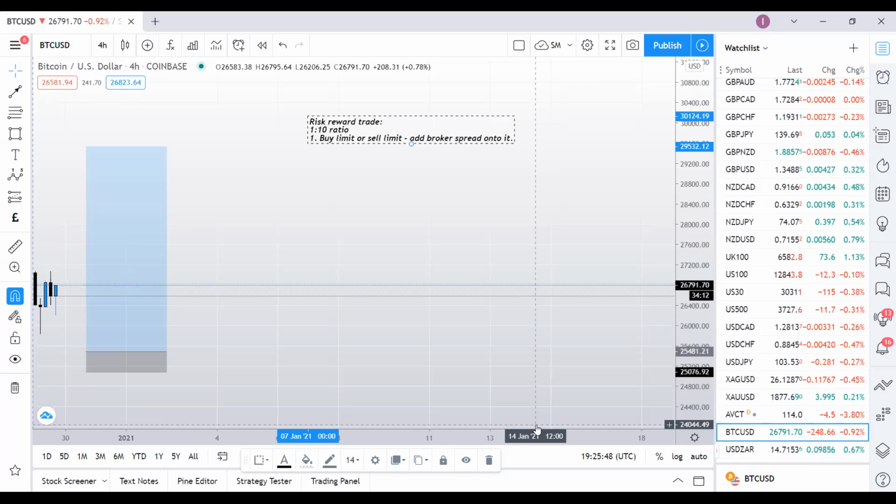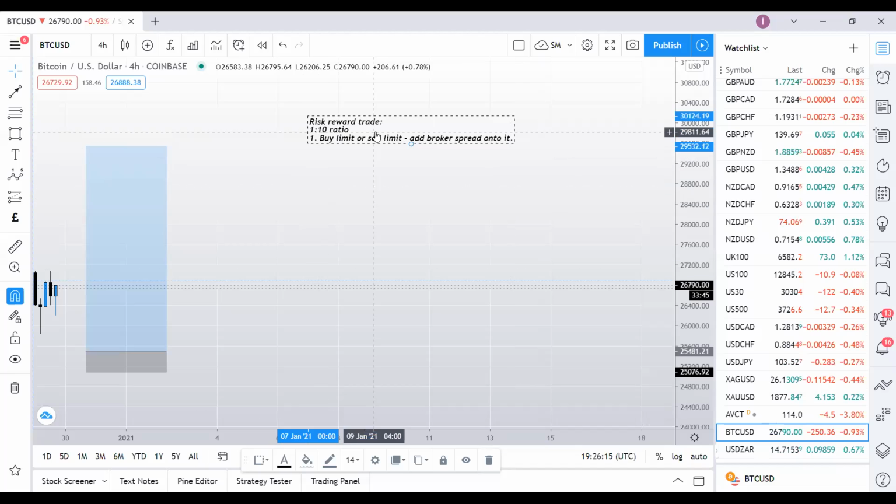Can you see that? So that spread is in micro pips, so if it's got 20, that is 2 pips. So you need to add that spread onto the entry price.